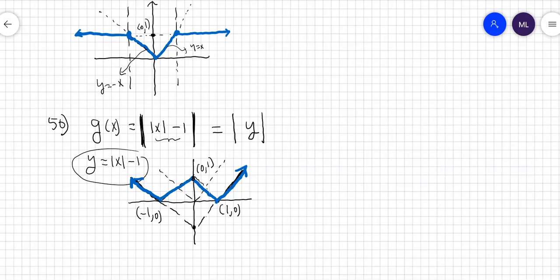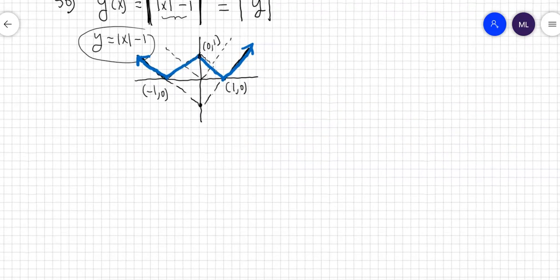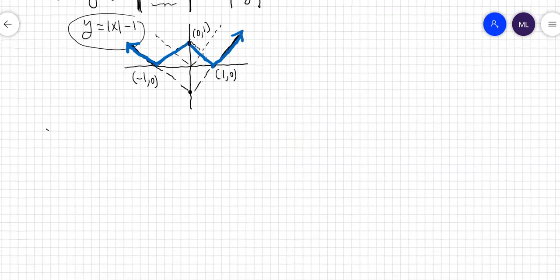Now, and then also even odd function. Let's look at 73 through 78. Now, where f of -x is negative f of x, we call it odd function.